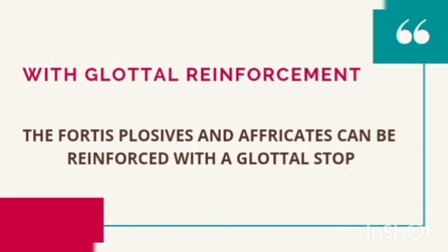Continuing with the types of release, we have the case with glottal reinforcement. In this case, the fortis plosives and affricate sounds can be reinforced with a glottal stop. We have to know that glottalization is made before pauses and consonants, but not between vowels.